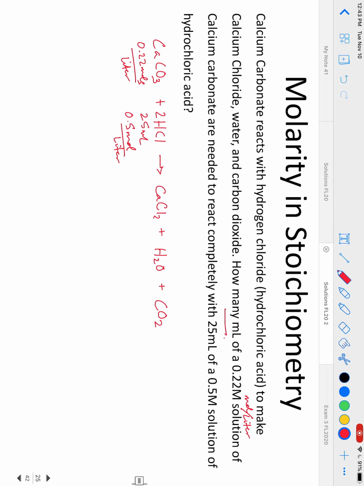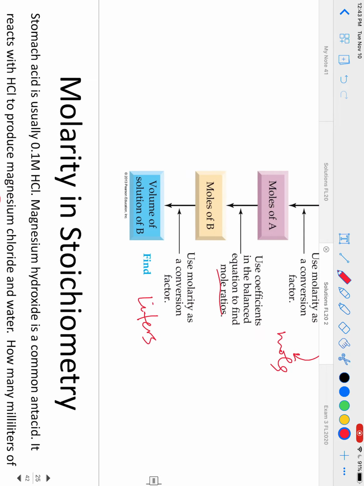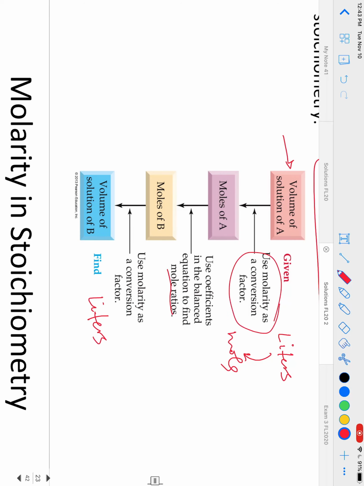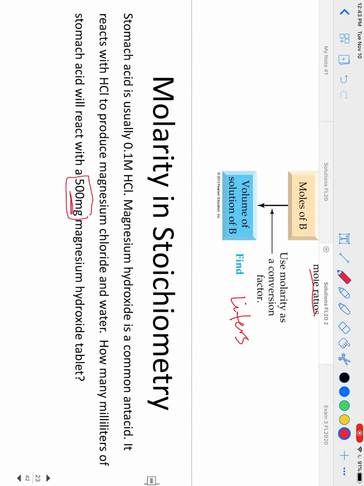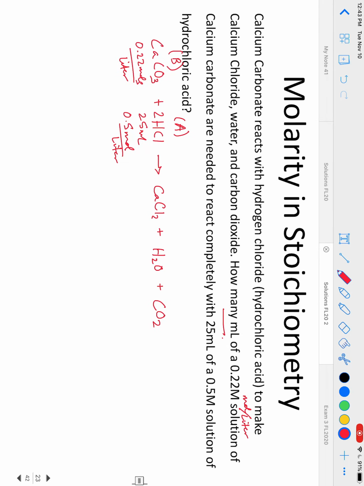So start with 25 milliliters. Remember, we're going to call this substance A, and we're going to call this substance B. The one you're given the volume for is A. The one you're looking for the volume for is B. So look at our diagram. The first thing is we're going to plug in the molarity, go from liters to moles. But we've got to have liters of our solution. Right now we have 25 milliliters of HCl.